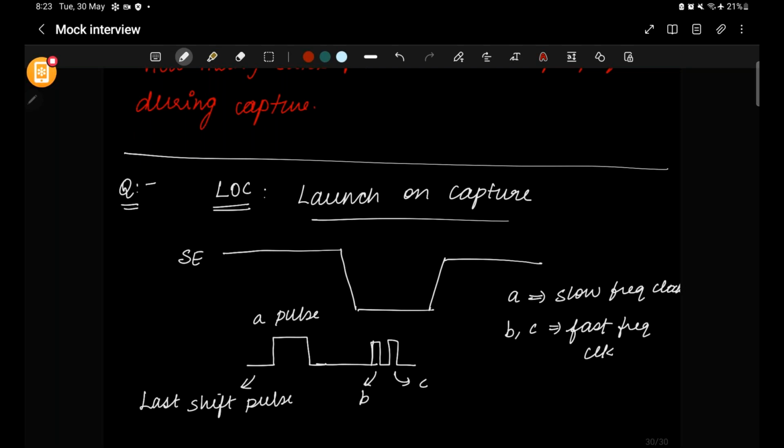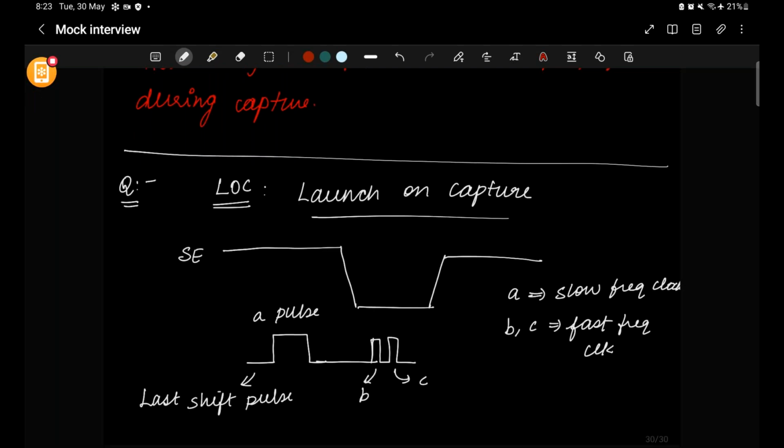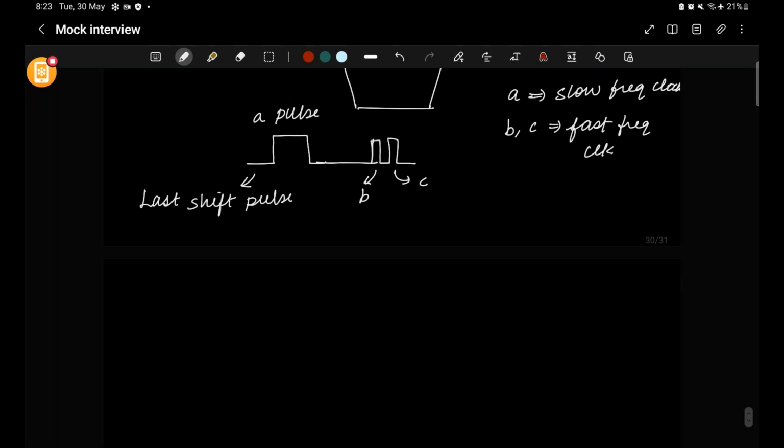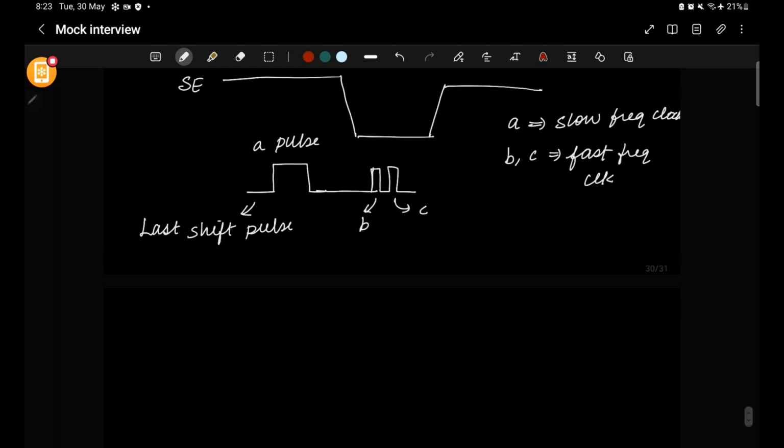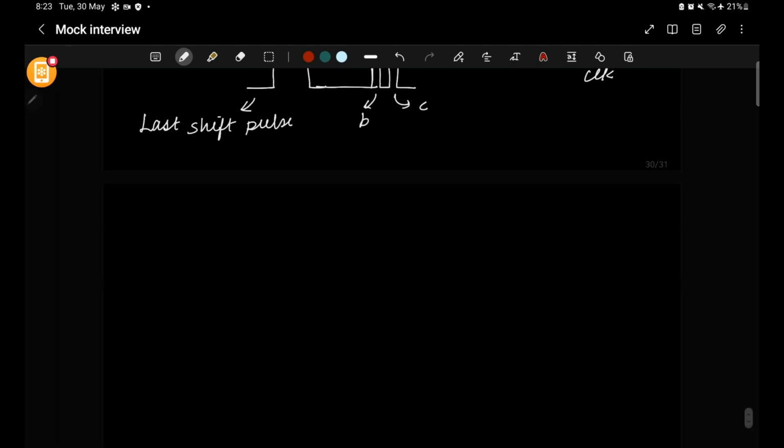Okay. So you want me to explain the difference between LOC and LOS, and how we can detect that? Okay. So this is LOC. Both the fast frequency clock pulses will be there in the capture phase, that is when scan enable is equal to 0. So you just consider an example like this.